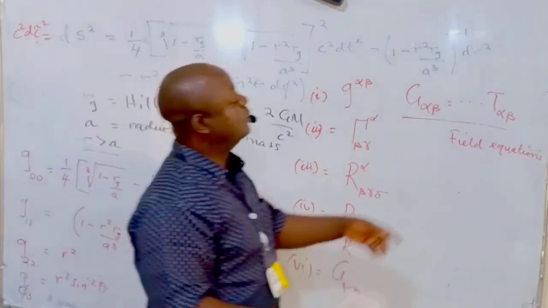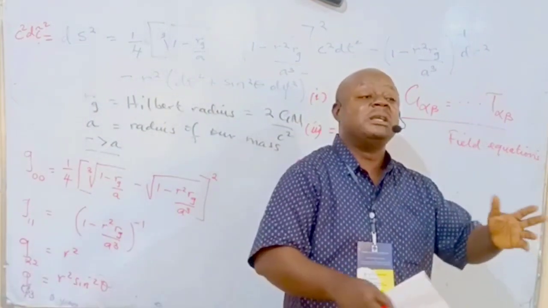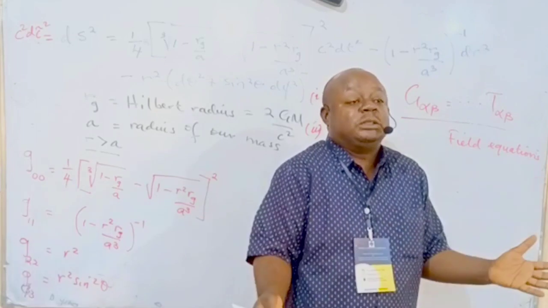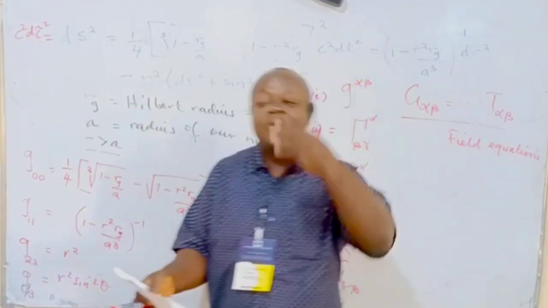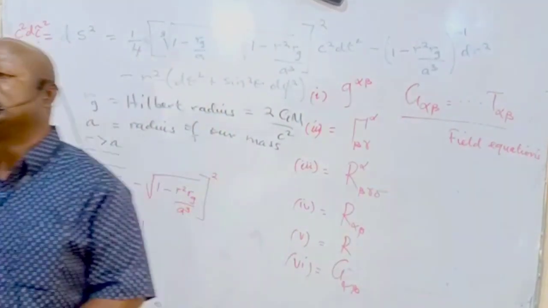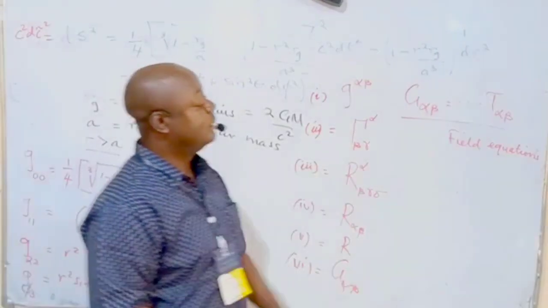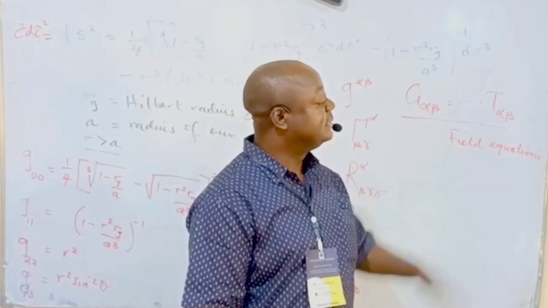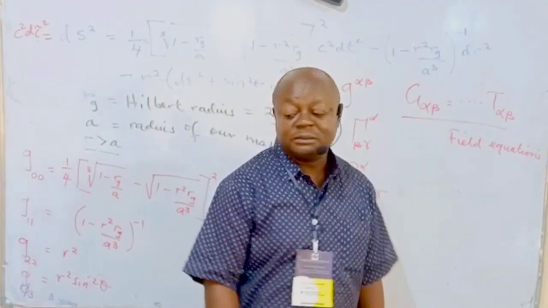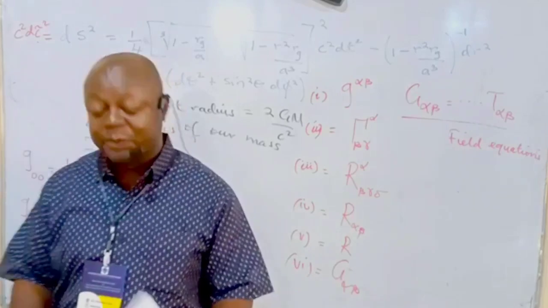So you now need to make some assumptions. Maybe your star is a perfect fluid. Then you use the stress tensor for a perfect fluid, and you solve the problems. Okay? So that is the second thing we can likely do.